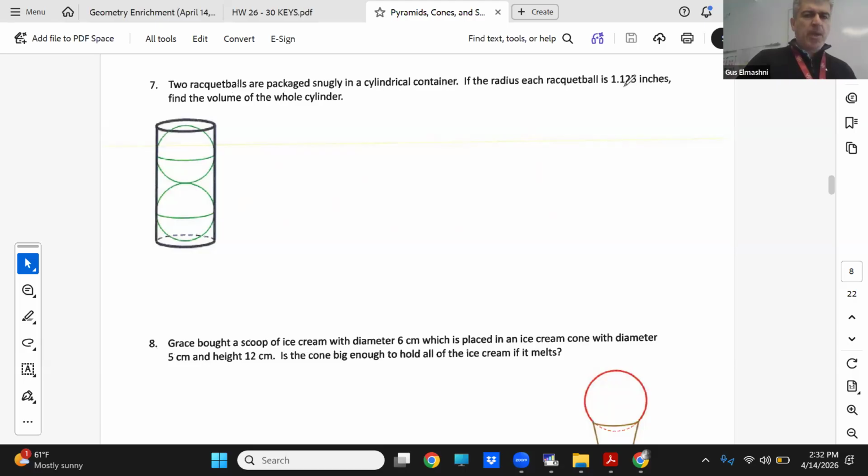If the radius of each racquetball is 1.125, so that's 1.125. What's my height going to be? 4.5, because you multiply by 4, right? Good. So yeah, pretty straightforward again.